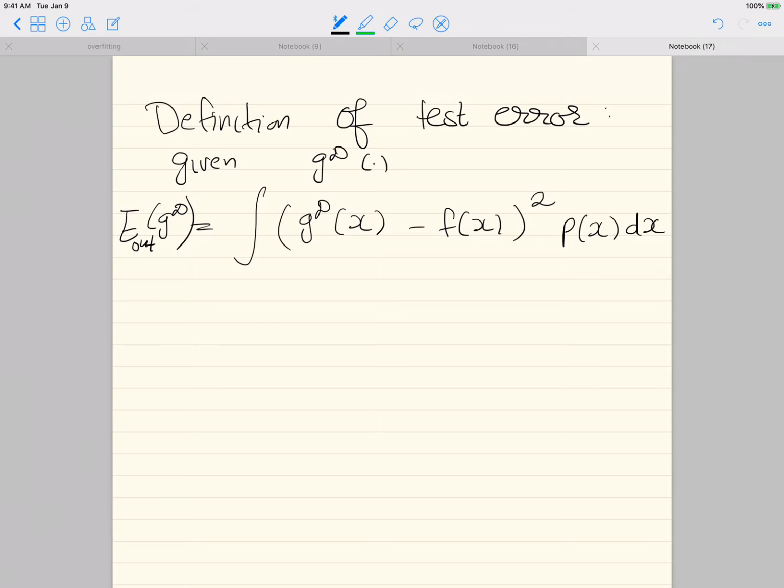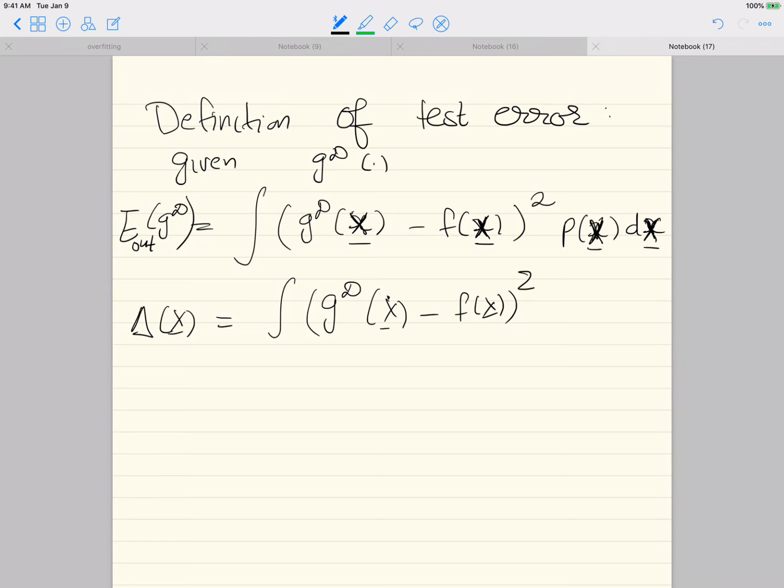Now we are defining delta of X differently. We are again taking the same function, GD of X minus F of X, the same squared loss. We should make all of this capital X, because X can be a vector in general. But then we integrate with respect to PD.